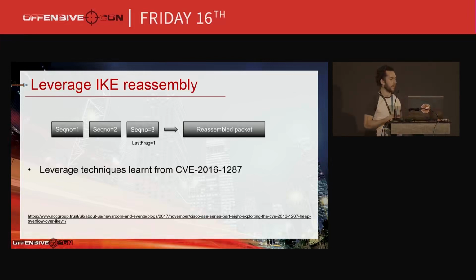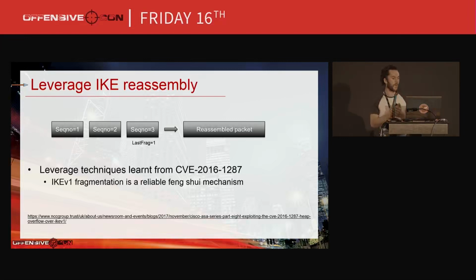This was used by Exodus Intel to exploit the bug because the bug was in the IKE reassembly. But actually, IKE reassembly is a nice primitive if you can corrupt things, because we can. I'll show you why it's interesting.